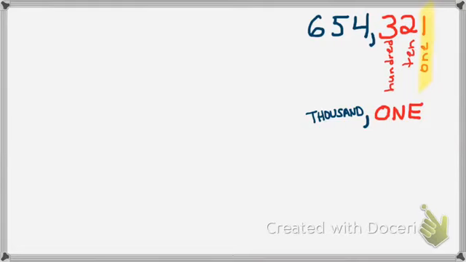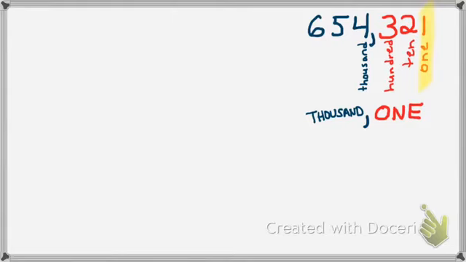So let's move over and look at our blue numbers, 654. That last digit is the thousands column. As we see on the bottom, that name is the thousands period. So that 4 will be in the thousands column of the place value chart, and I label it 1000.